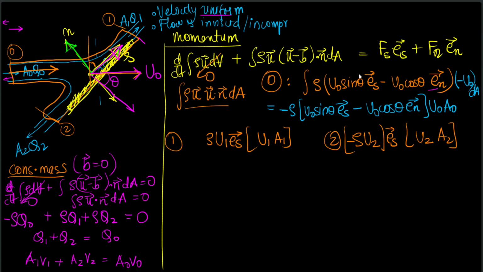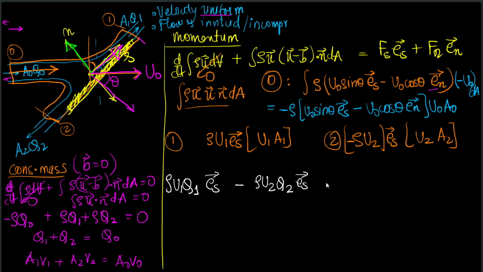So this entire term we can write down as rho u1, let me write this as q1. This is in the es direction. This is going to be minus rho u2 q2 in the es direction.